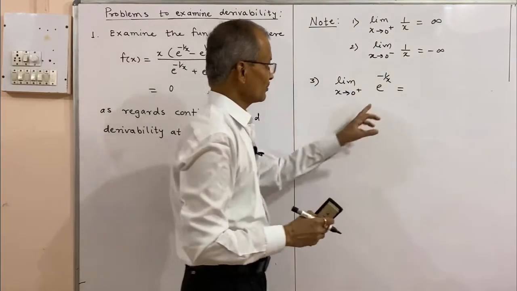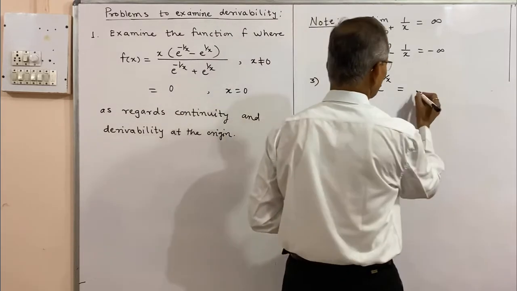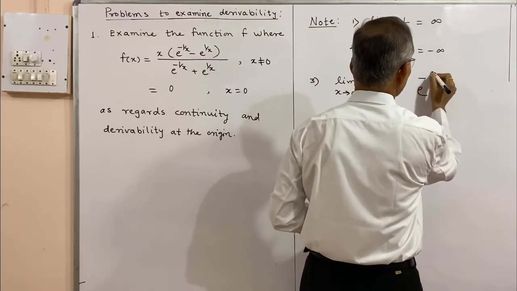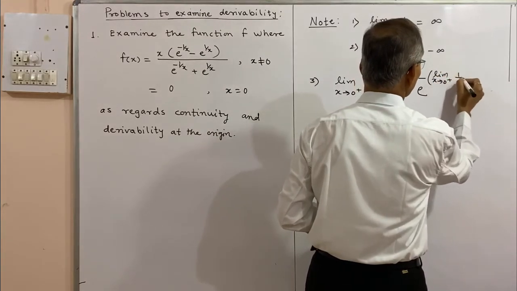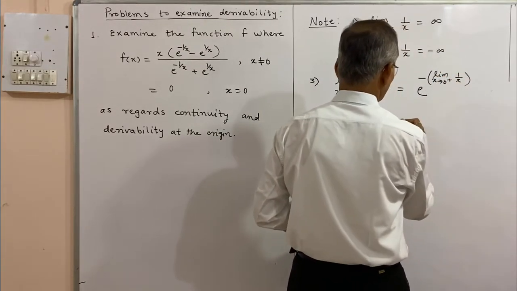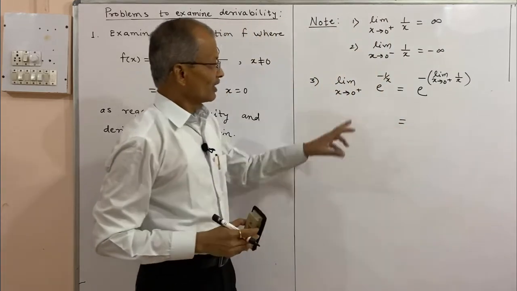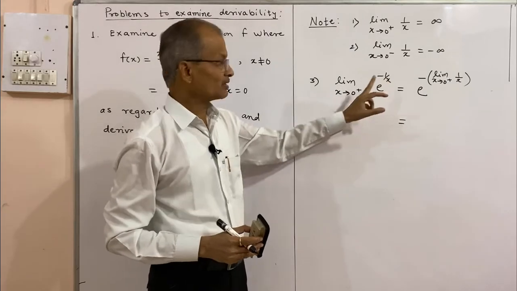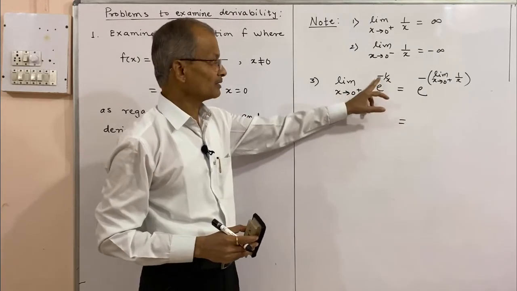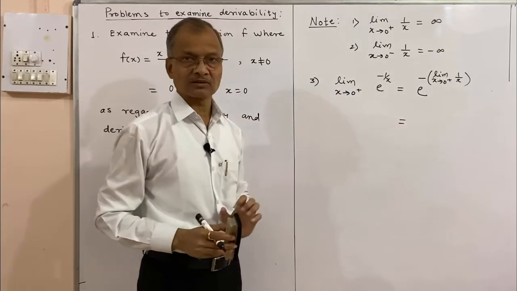The e and negative sign remain as they are: e raised to minus limit as x tends to 0 from right of 1 by x. Others, minus and e, remain constant, fixed.